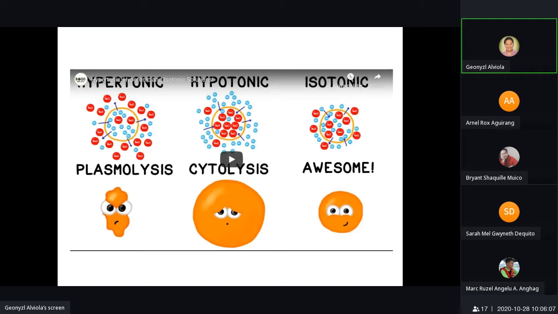So the water will move in greater volume compared sa nag-exit na water. So, tendency, maglaki ang cell. Or, kung ang concentration gradient ng solute ay marami sa labas, then the water will be attracted sa solute, since mauna ang nature sa water, then greater volume of water will come out from the cell than the volume coming in. So tendency, the cell will shrink.